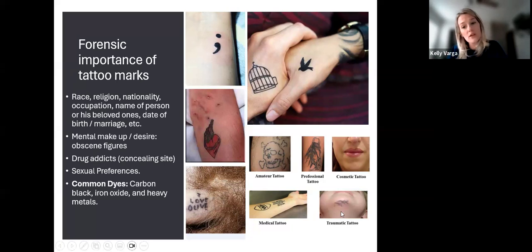And then we can actually even have things called traumatic tattoos, where again, such strong force has actually caused this. This usually happens in people who've been electrocuted. They get a very unique pattern distribution throughout their body as the electricity was going through the body.